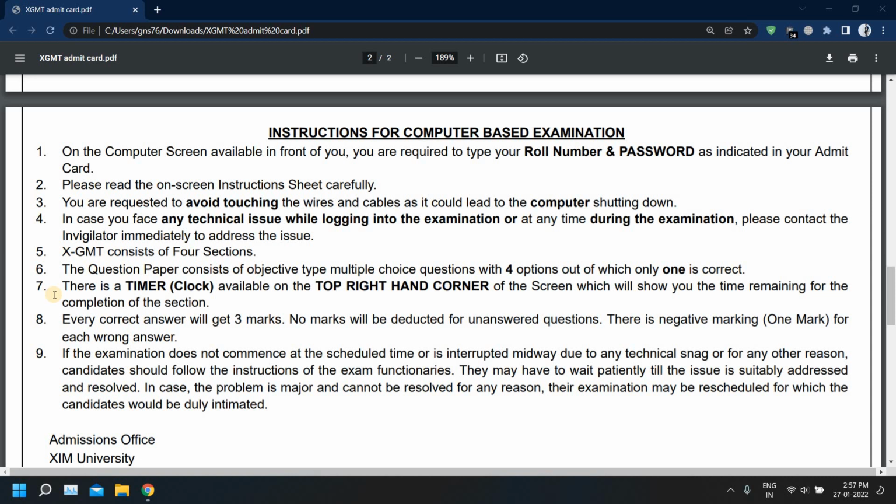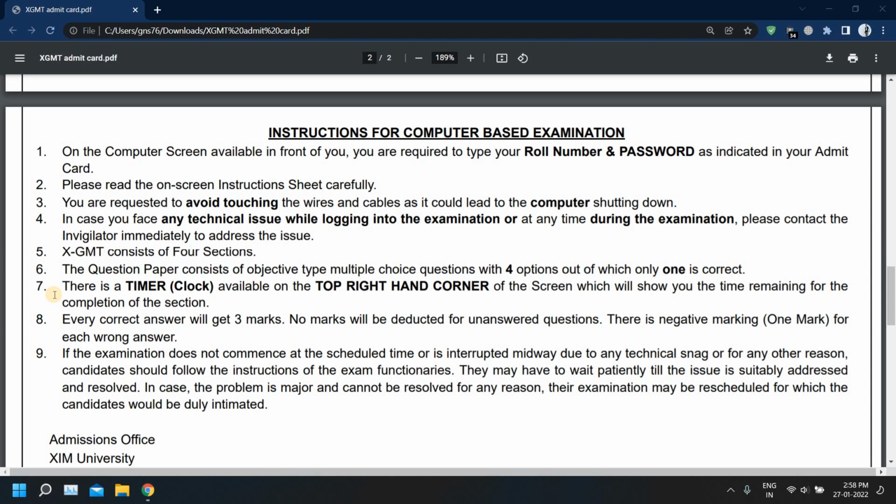About the sections: VALR is an easy one, so you don't need anything in that. DILR is something where you will have fewer questions, but time is also going to be less. So again, start with a question where you are confident. Don't get stuck in any question because time is very limited, and once you screw up in any set, there would be close to no time for a comeback.